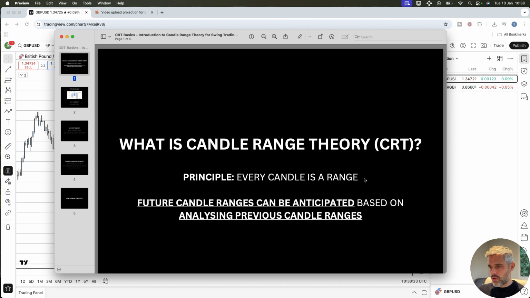Now, when we're talking about candle ranges, we're talking about specific candles. So the whole premise of CRT is that we are going to analyze higher time frame candles to anticipate what is going to happen next in the market based on how those higher time frame candles close.